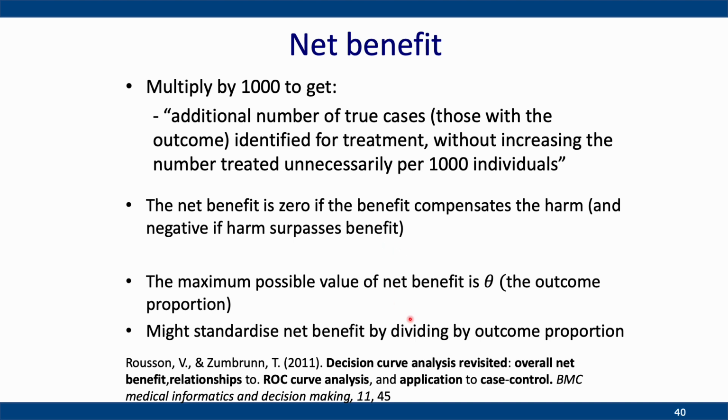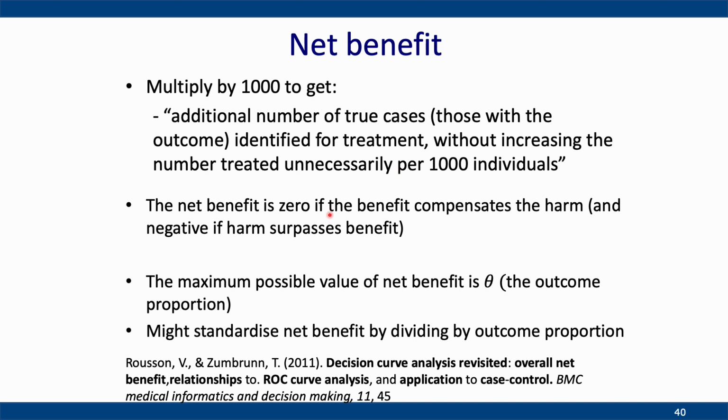There are a number of papers trying to help explain it for people who struggle with the measure, for example this paper by Rusin and colleagues. Sometimes it helps to multiply the net benefit by 1,000 to give you the additional number of true cases identified per treatment without increasing the number treated unnecessarily per 1,000 individuals.